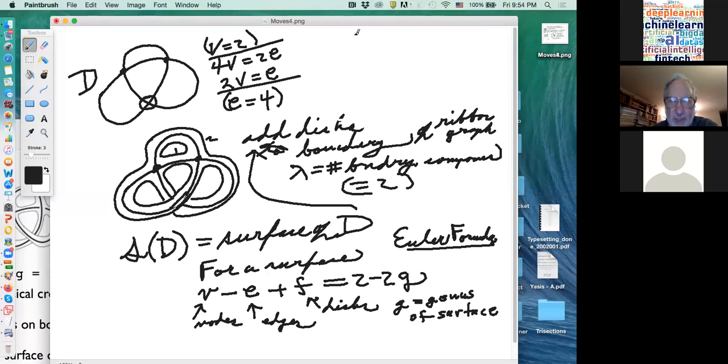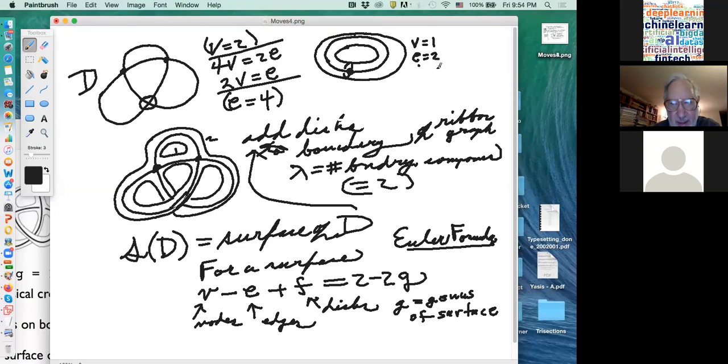Well, let me give you an example of that, and I won't prove it. I'm going to leave it to you to look it up elsewhere if you wish. But here is a simple example. In this case, we have vertices equals 1, edges equals 2, this edge and this edge, torus, right?